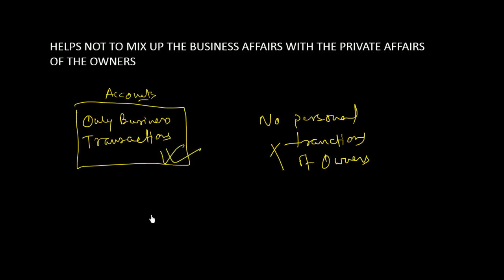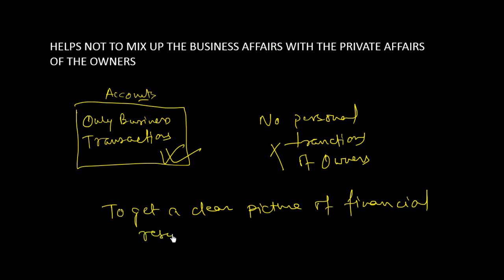Why is this done? This is done to get a clear picture of the financial results of the business. As we have just discussed, the owner earns a profit of rupees 1 lakh from his private lands. If that profit is also recorded in the books of accounts of this business, then will the figure of profit reflected by the books actually be the actual profit earned by this business?